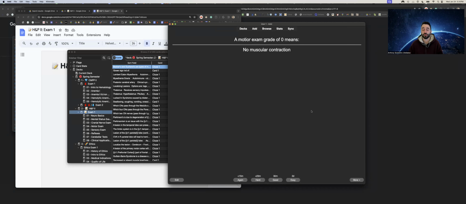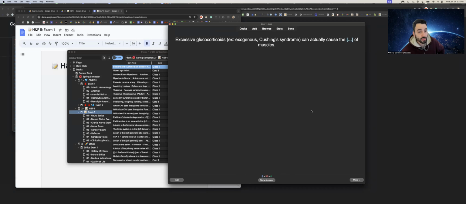Good. So you can see I typed out questions from that image occlusion just to really build on that. Excessive glucocorticoids, like Cushing's, oh, we learned about this in nephrology, can actually cause the blank of muscles.